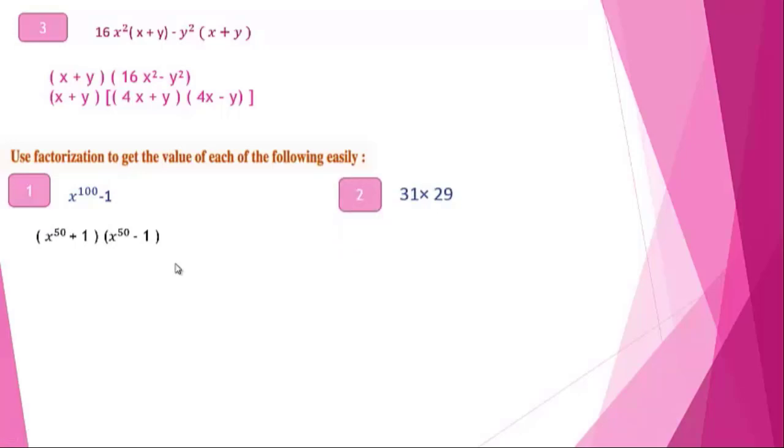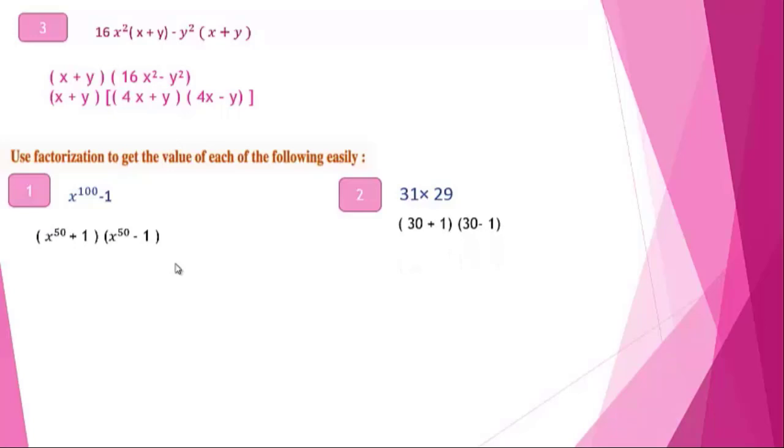The second question, 31 times 29. How to use factorization by difference of squares to find this value? Firstly, how to write 31 using the difference of two squares?